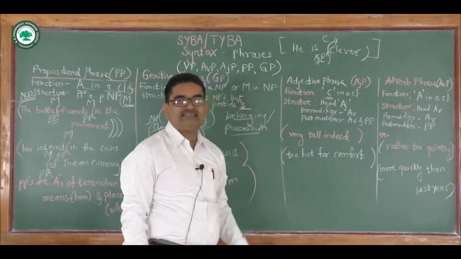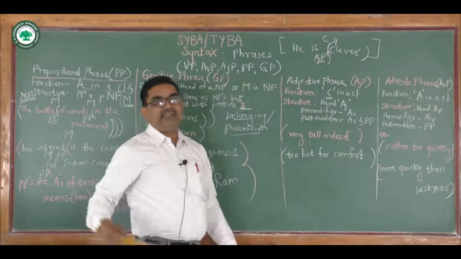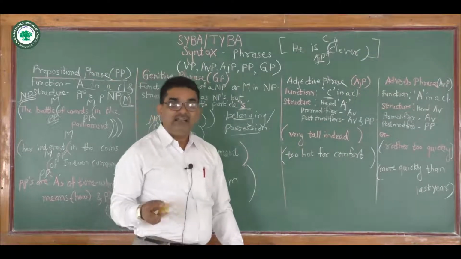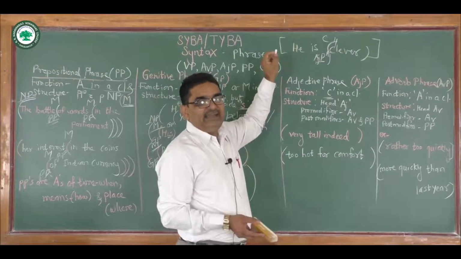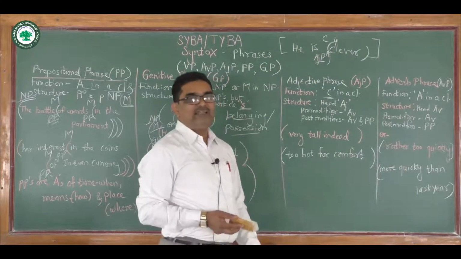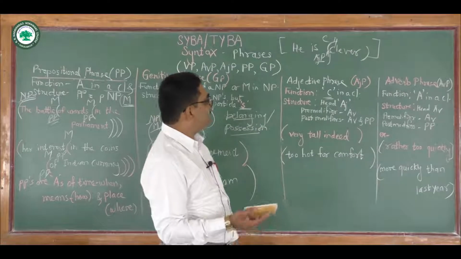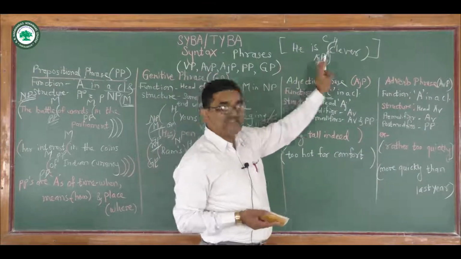What does it give us? It gives us additional information. It describes the noun. He is the noun, and the additional description of the noun, or the quality, has been given. What is he? He is clever.